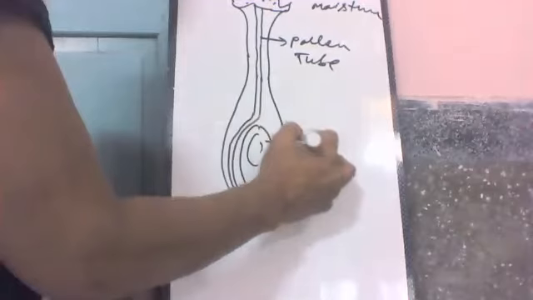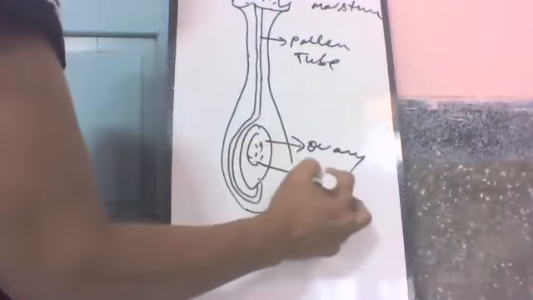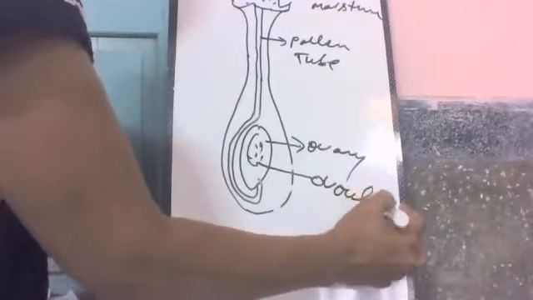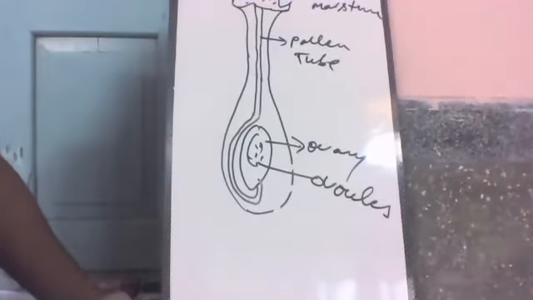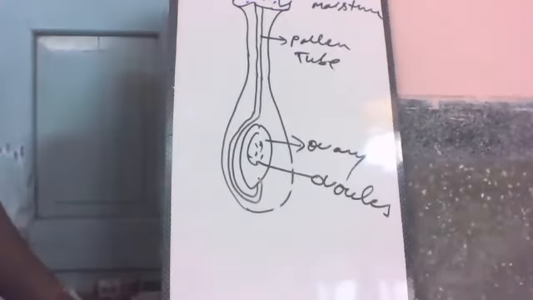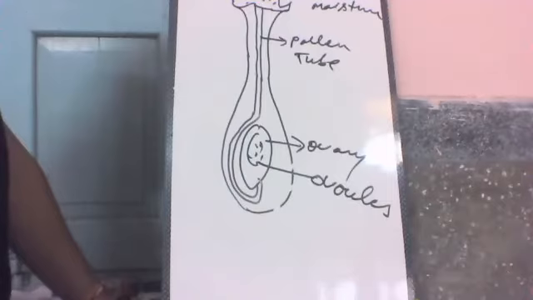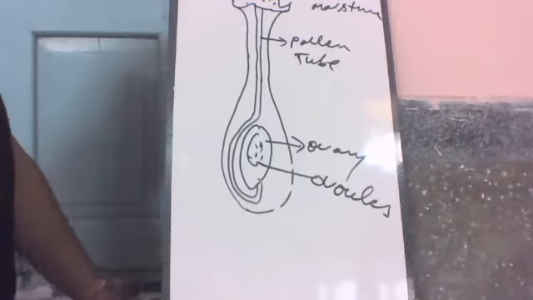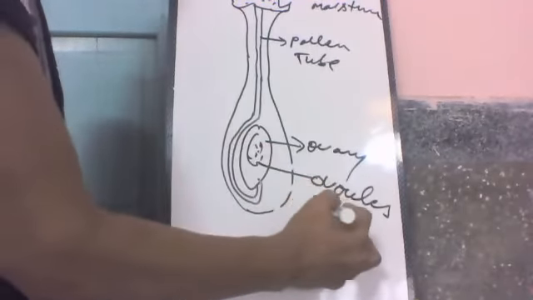This is the ovary, and here are the ovules. The pollen tube lengthens through the style and enters the ovule in the ovary. The male gametes, or germ cells, fuse with the female egg cell in the ovule to produce a zygote. Here the female gamete is present in the ovule.